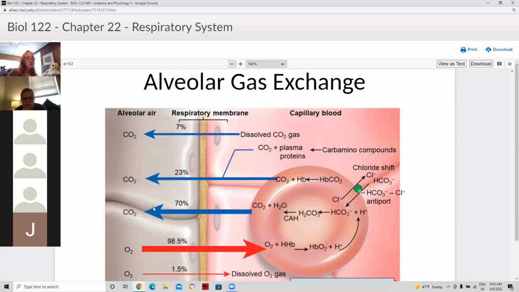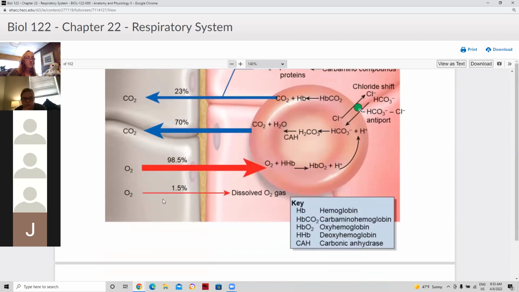And that carbon dioxide diffuses into the alveoli. Oxygen gets picked up here, gets bound to hemoglobin, and 1.5% of it is just going to be dissolved in the plasma.